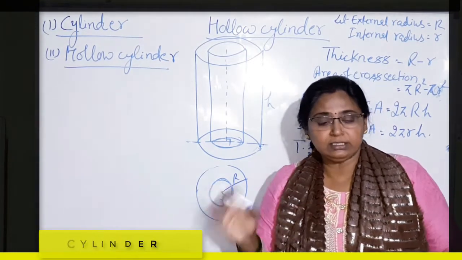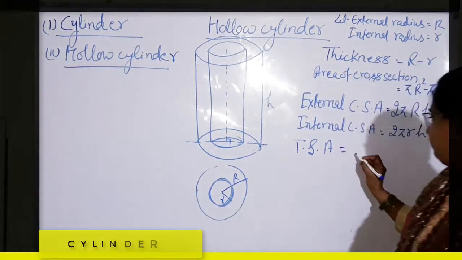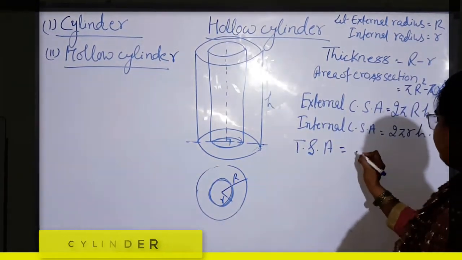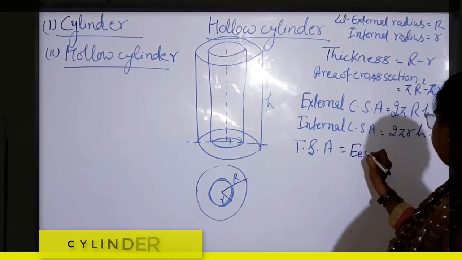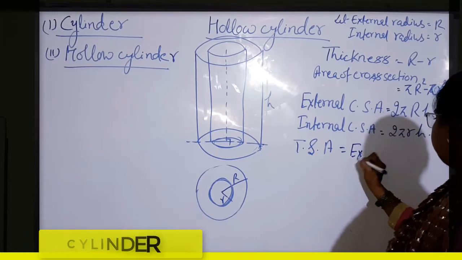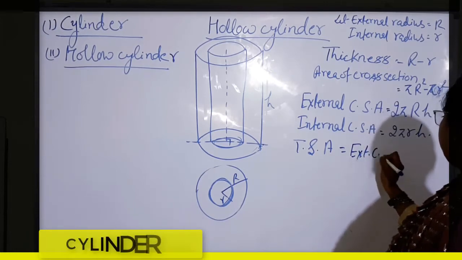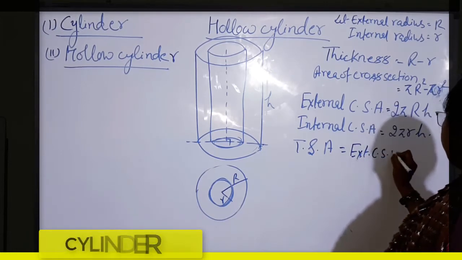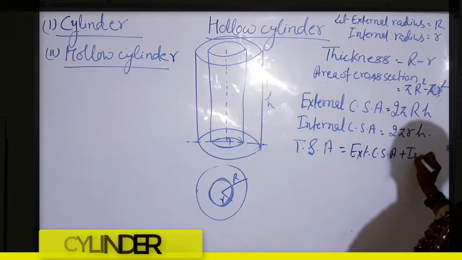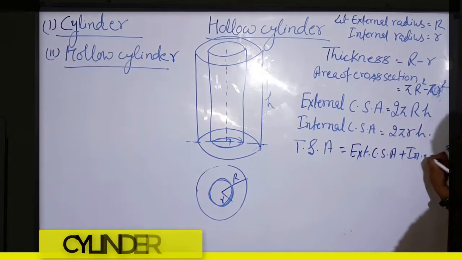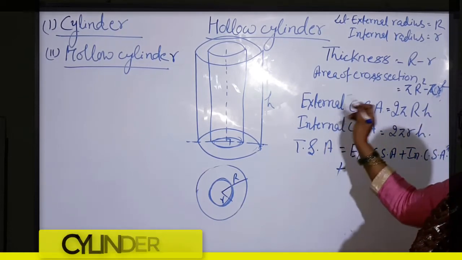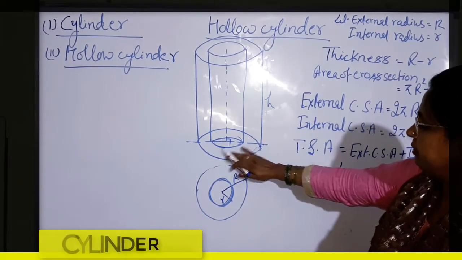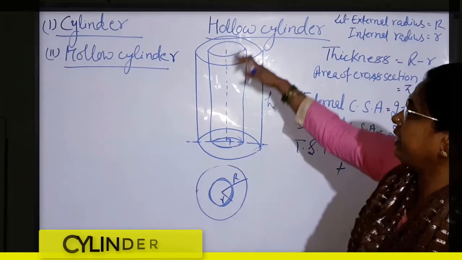Total surface area means external curved surface area plus internal curved surface area plus cross sectional area, that means base and top.